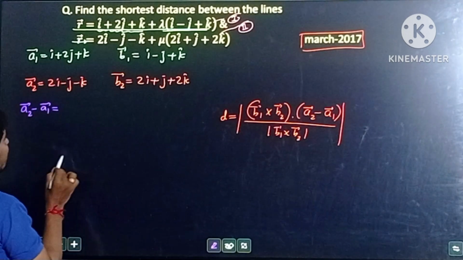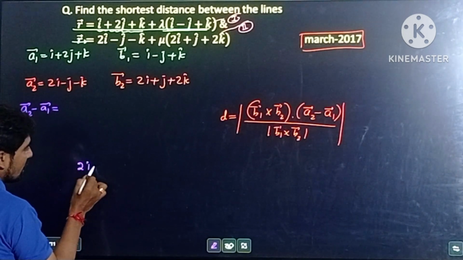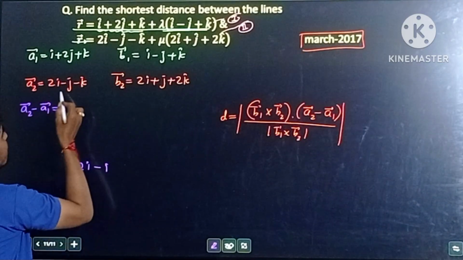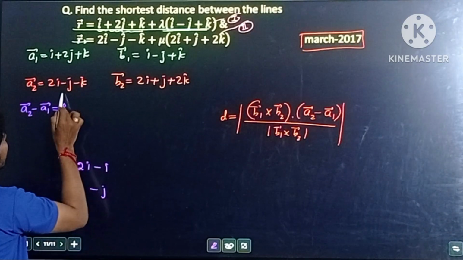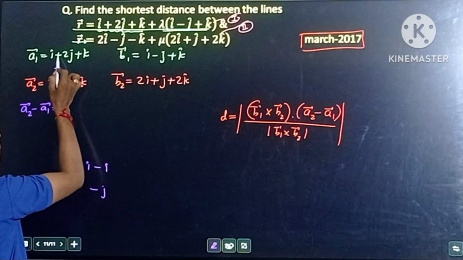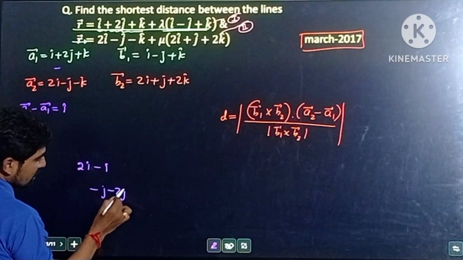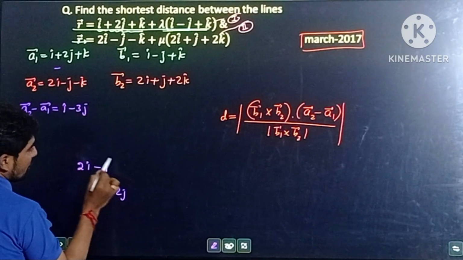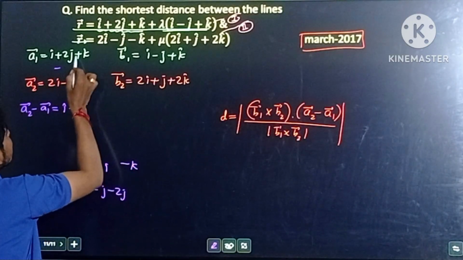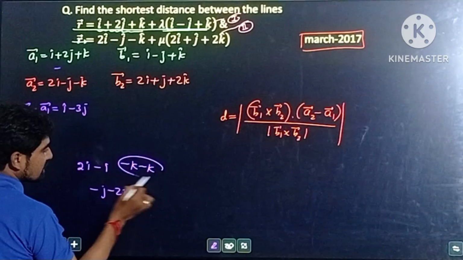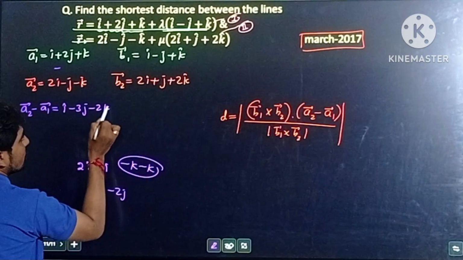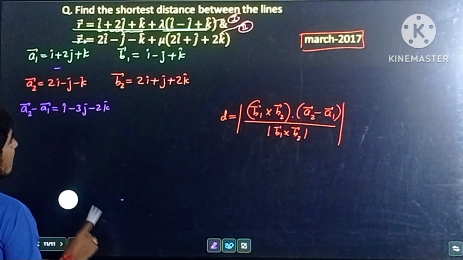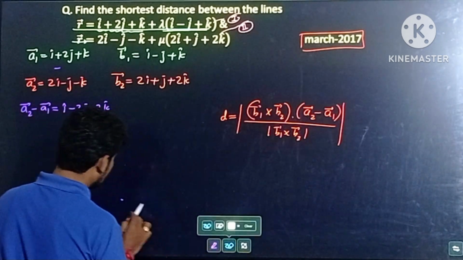So in a2 minus a1, 2i minus i is 1i, minus j minus 2j is minus 3j, and minus k minus k is minus 2k. So finally we got a2 vector minus a1 vector, that is i minus 3j minus 2k.